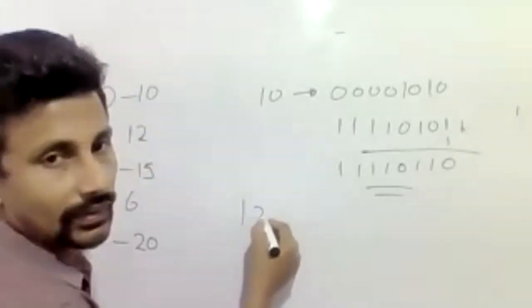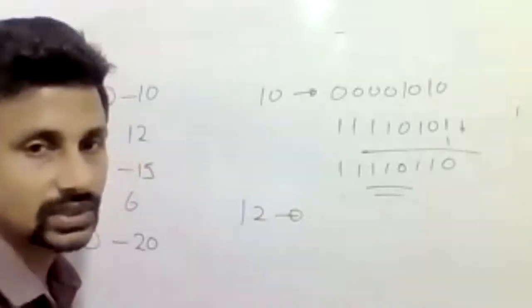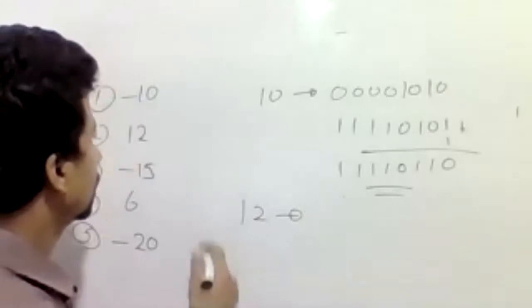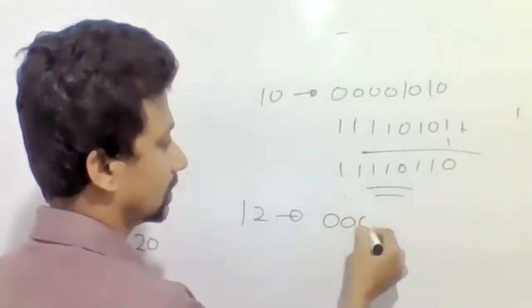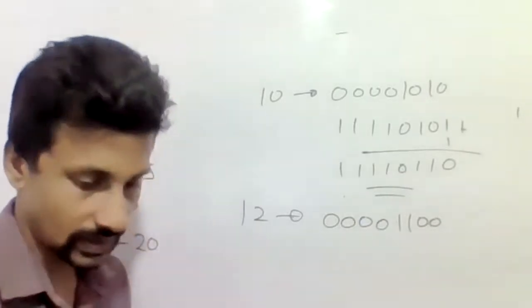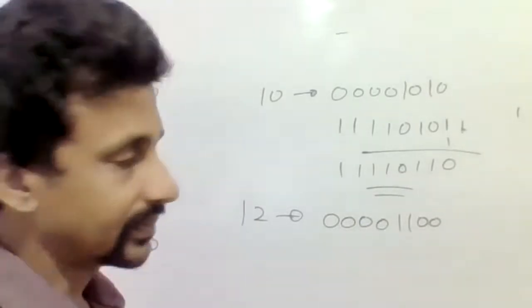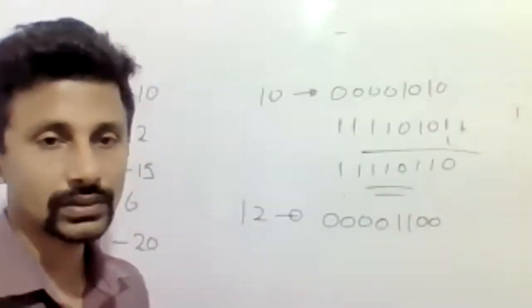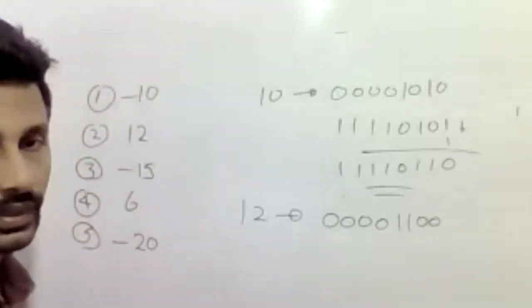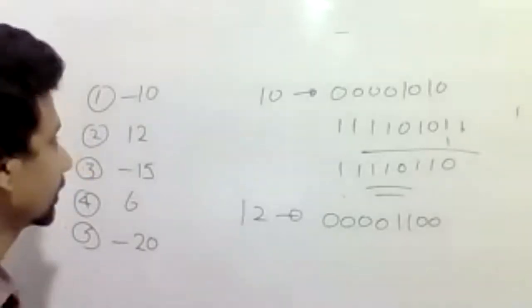Then we'll do the second one, that is 12. It is a positive value, so no need to complement the bits. So you can write 0, 0, 0, 0, 1, 1, 0, 0. That is your answer. Just convert it to binary and keep it 8 bits. So you can represent positive 12 like this.